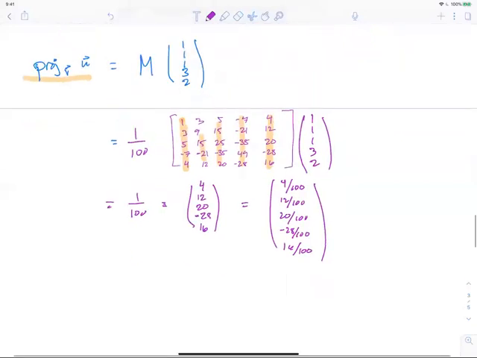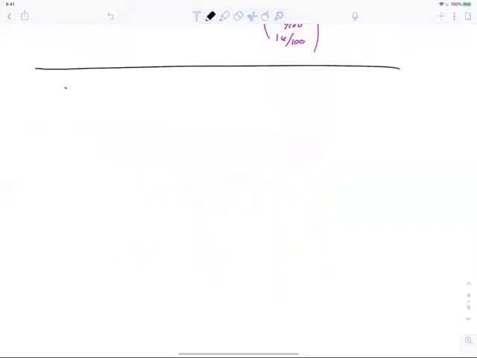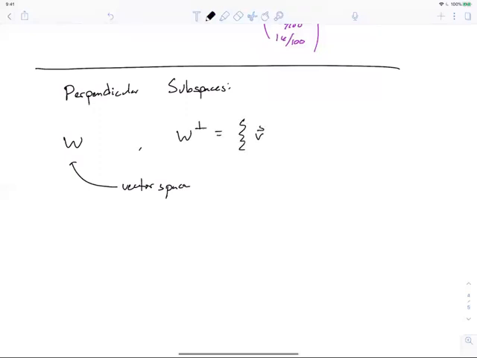All right, so let's just talk about one thing that we're going to do going forward, and that's perpendicular subspaces. So if we have a vector space, W, we can define W perp. This is the set of all vectors v such that v is perpendicular to all vectors in the subspace.